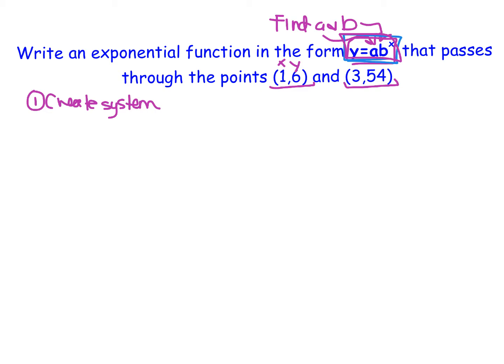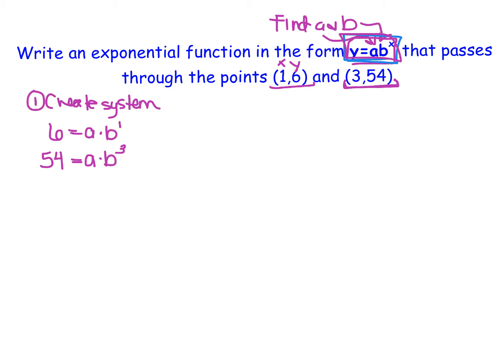Here we have 6 equals a times b to the power of 1, because that's what we know. Then for the second point, we create a second equation in that same fashion. So y is 54, so we have 54 equals a times b to the power of 3. So we start by creating a system of equations.